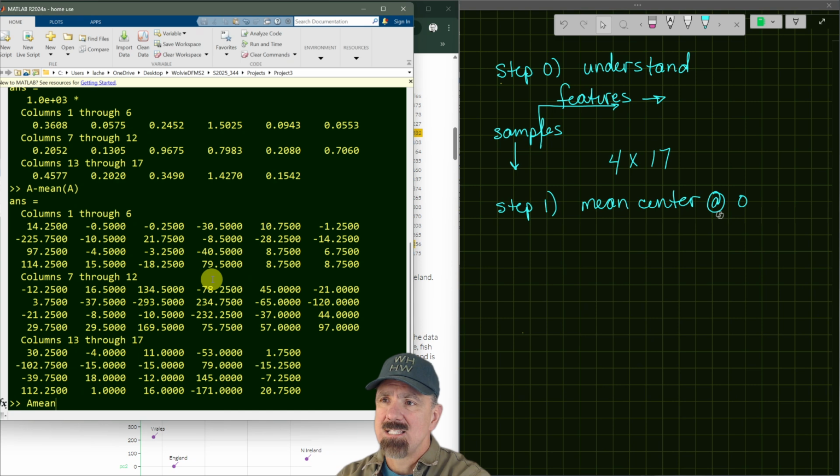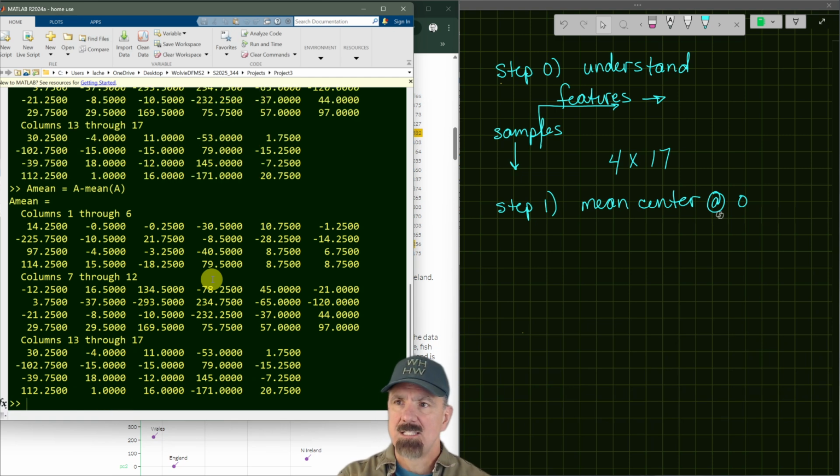So I'm going to call this A mean is equal to A minus the mean of A. And this is now the mean centered data. And what we would do to make A standard, this would be standardized, normalized, is we would take A mean and we would divide by the standard deviation.